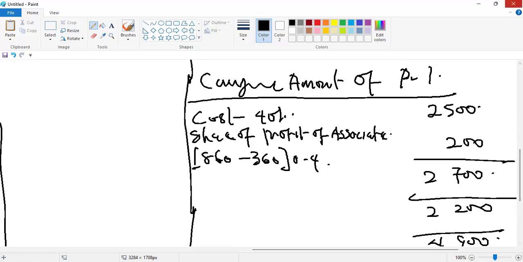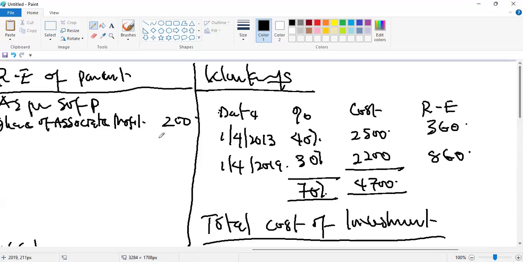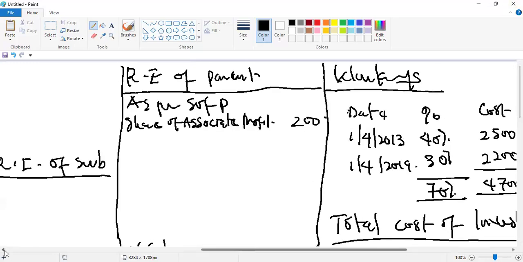Gain on previous investments, 300. That's what we are seeing. That is the plan they used to play. Some will carry it at cost, some will carry it at carrying amounts.